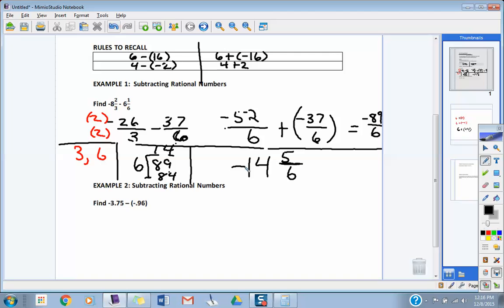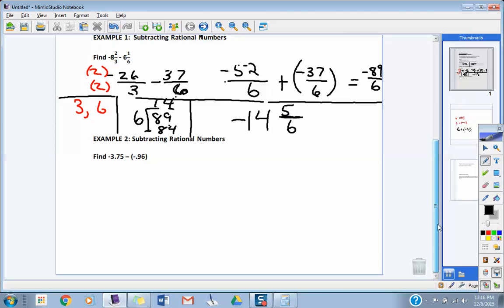All right. Well, guys, next one right here, this is pretty simple. This is just going to become something you keystroke in. Change this to what? Plus positive or negative 0.96? Positive. Change them both, right?